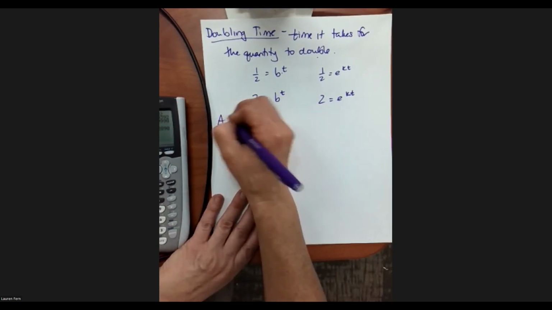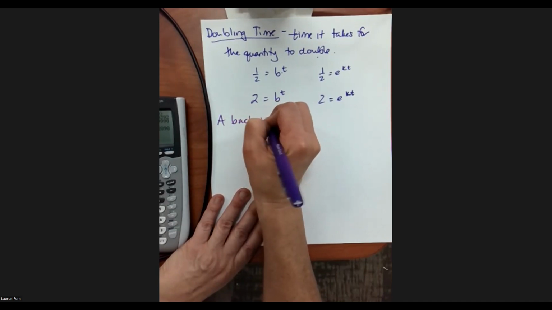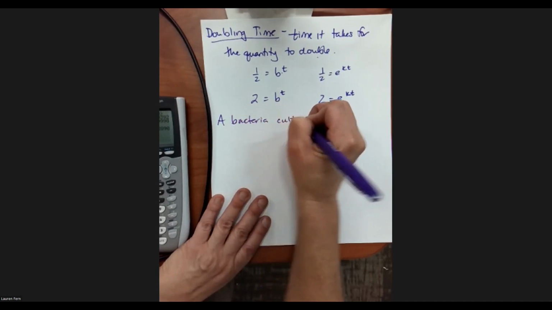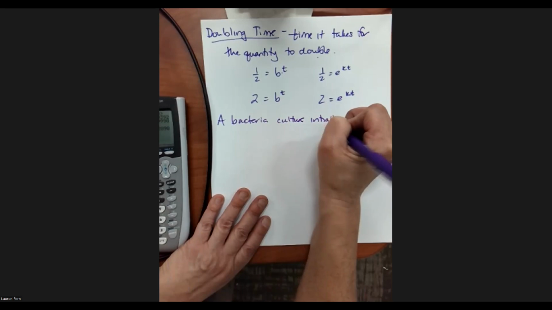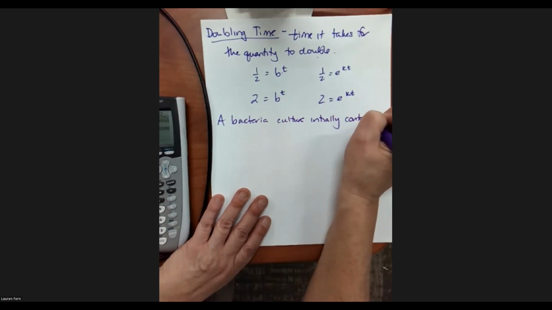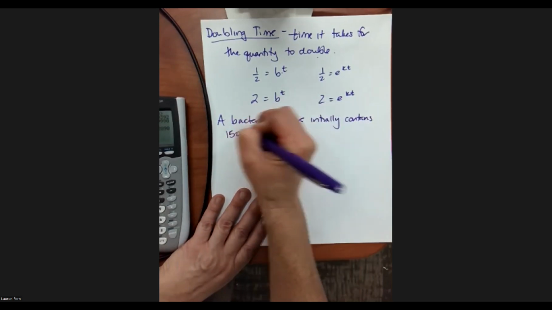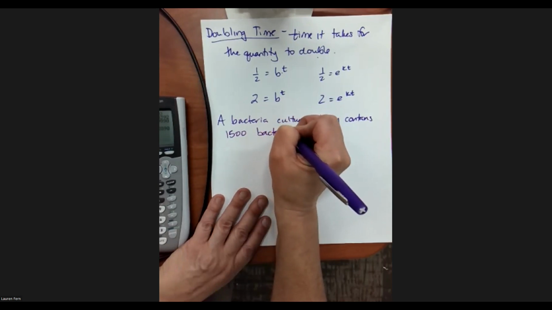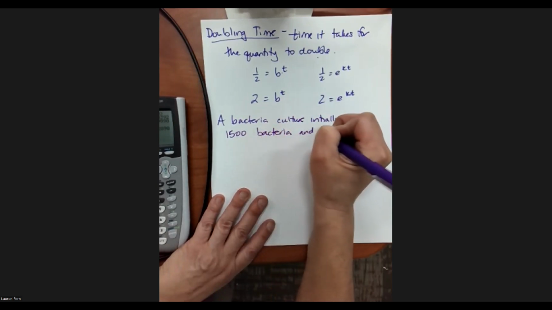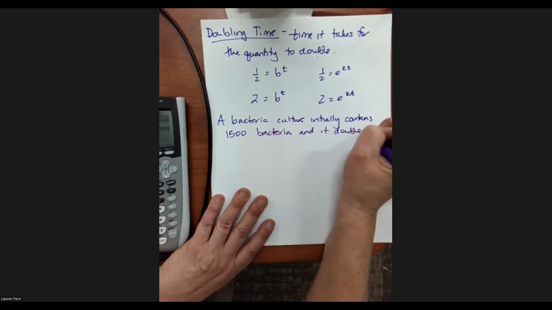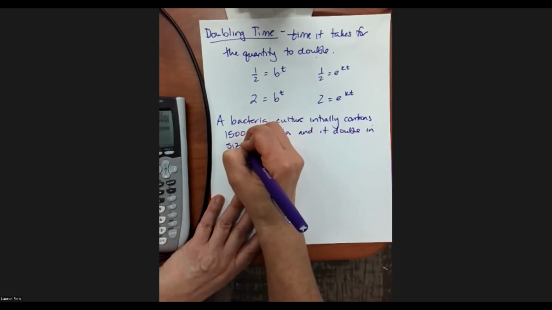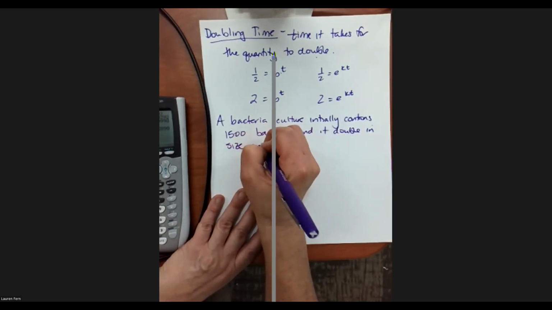Okay, so suppose I tell you that a bacteria culture initially contains 1,500 bacteria, and it doubles in size every half hour.